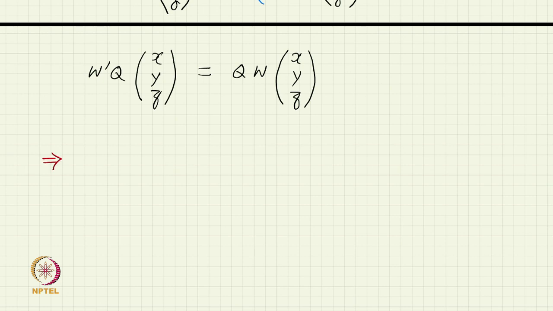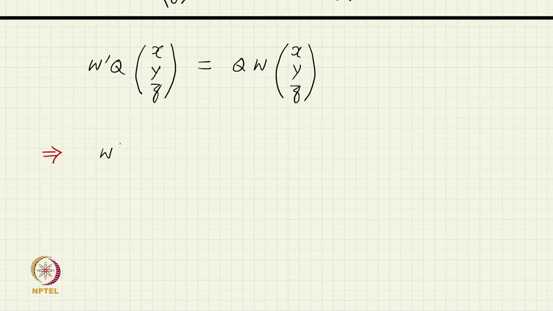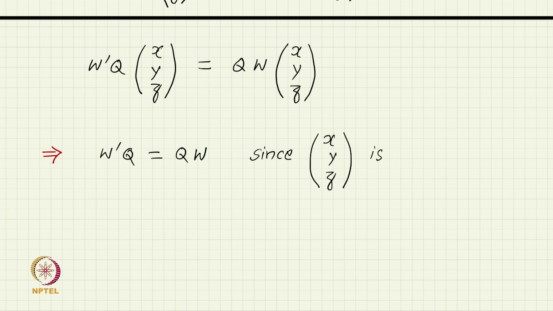So, this implies w prime q equals q w, since x y z is arbitrary.